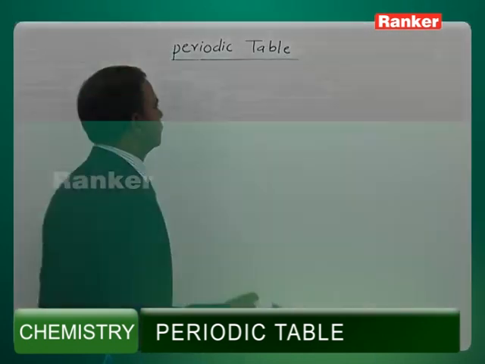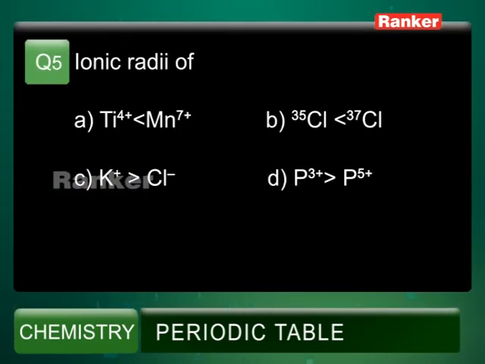Question number 5. Ionic radii of E, titanium plus 4 less than Mn plus 7, B, Cl35, Cl37, C, K plus and Cl minus, D, P plus 3 and P plus 5.